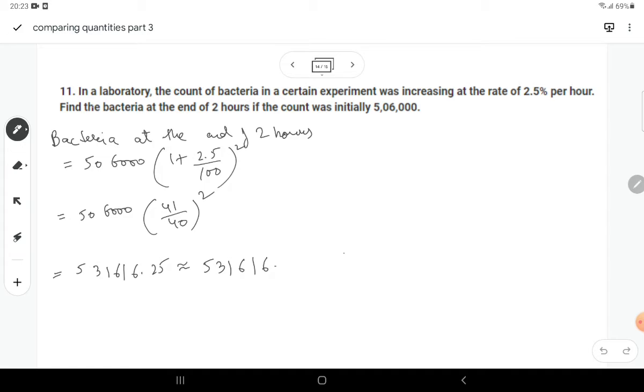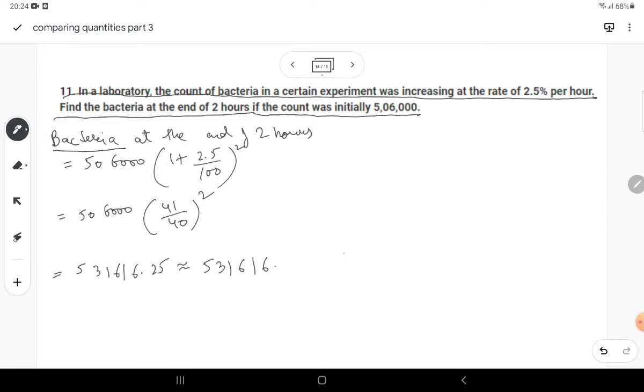Moving on to next question, it says in a laboratory the count of bacteria in a certain experiment was increasing at the rate of 2.5% per hour. Find the bacteria at the end of 2 hours if the count was initially 5,06,000.